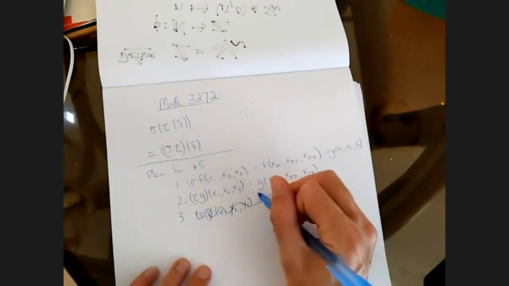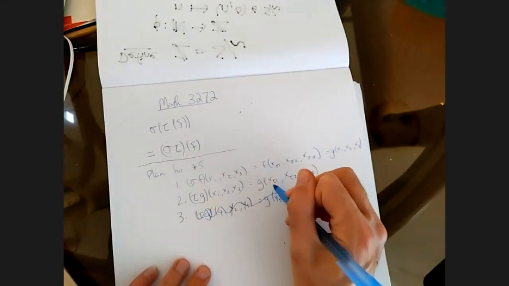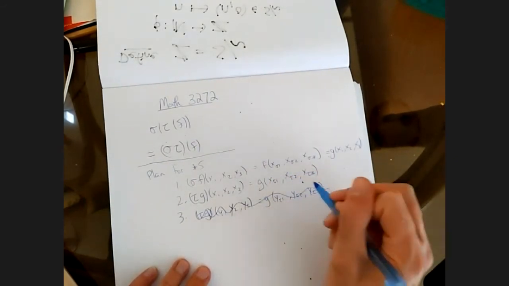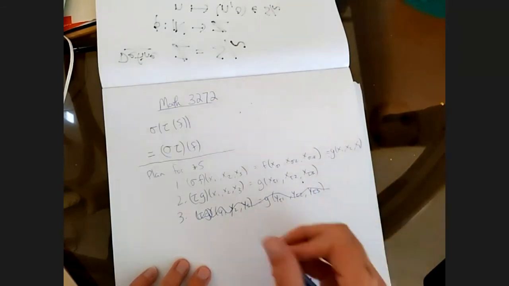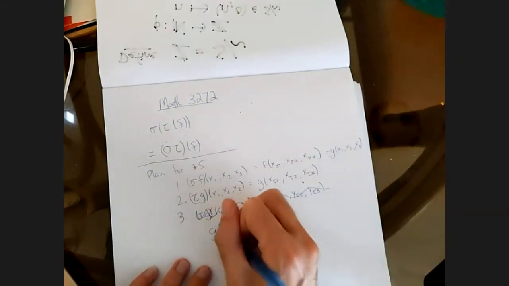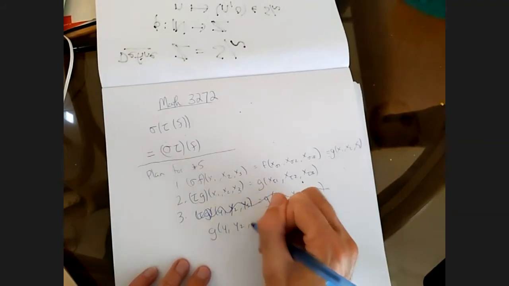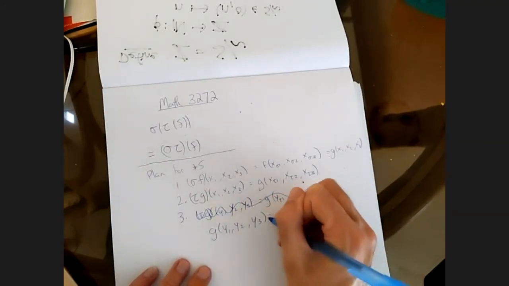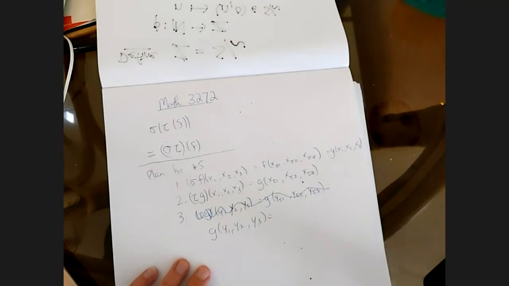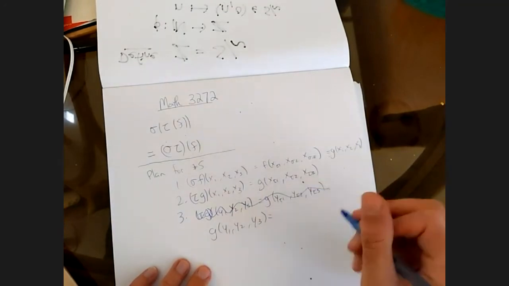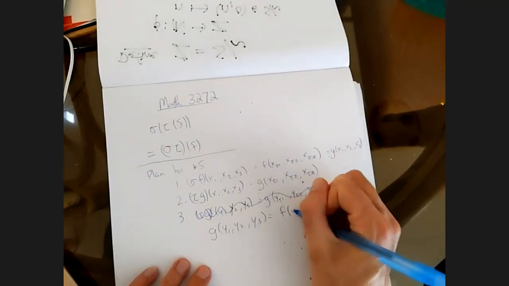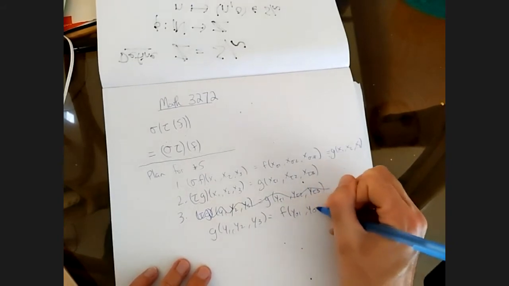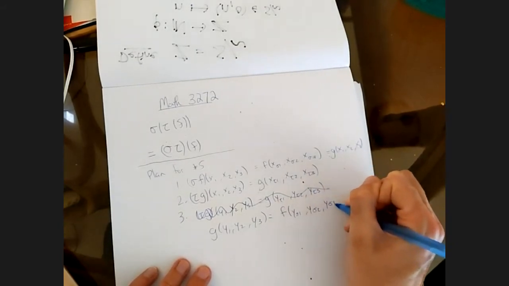What you do is you call y1 x tau 1, you call y2 x tau 2, and y3 x tau 3. So that's just f of y sigma 1, y sigma 2, y sigma 3.